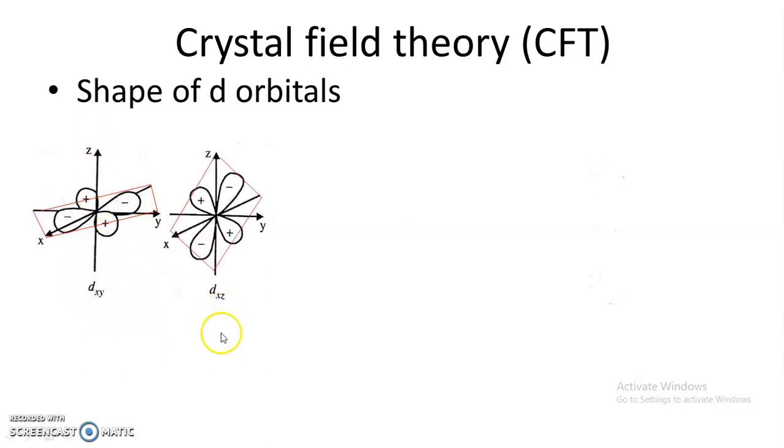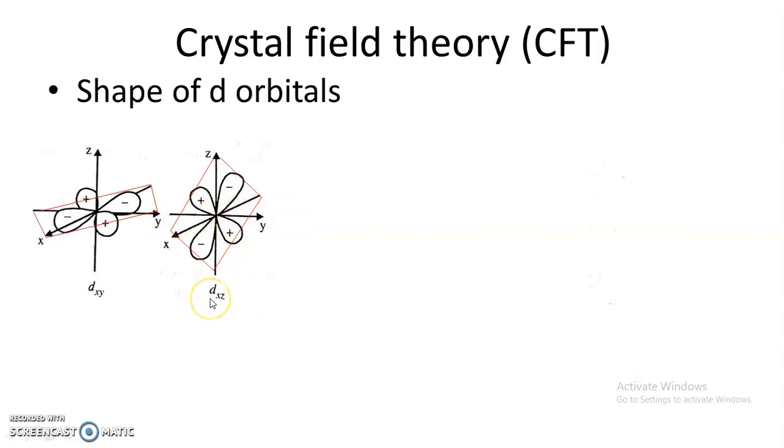Now consider the dzx orbital or dxz orbital. Again imagine the x and z axis, and this is the xz plane, whereas the y axis is at right angle to this xz plane.